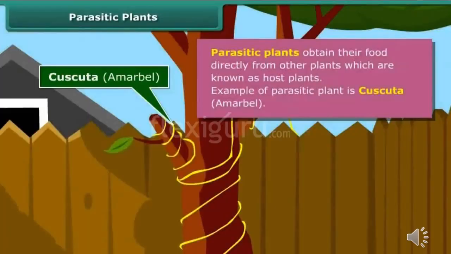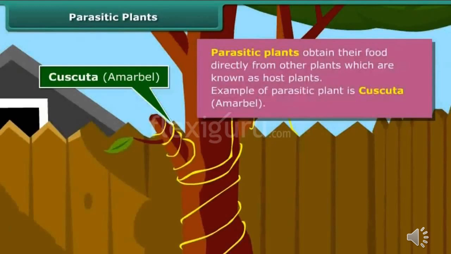Children, you can see the picture which is given here. It is all about a parasitic plant. There is a big tree, and on the tree you can see a yellow colored creeper winding around it. The tree acts as a host for this creeper. The creeper is nothing but a parasitic plant, which is Cuscuta.